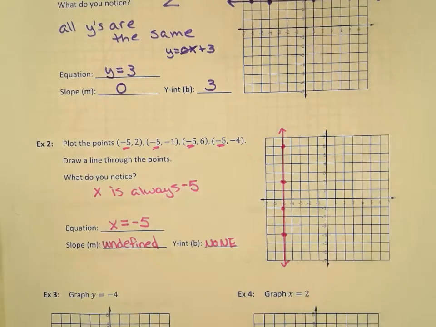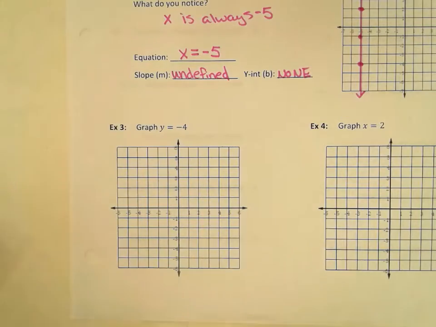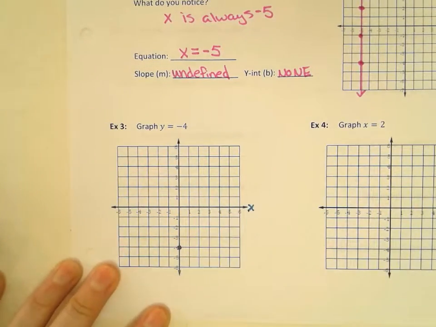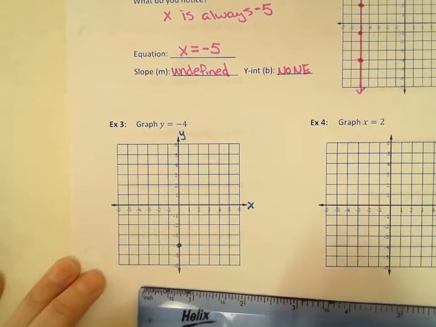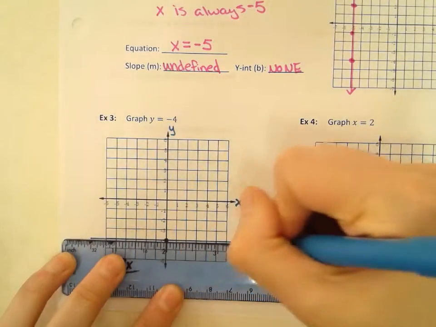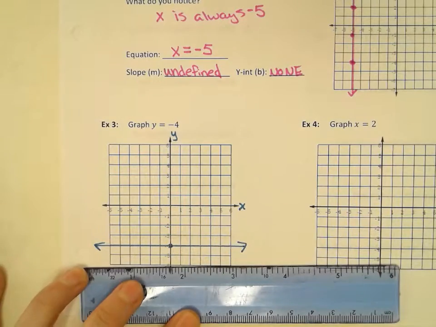So when you are graphing the equations of these lines, when you have y equals negative 4, all that means is find negative 4 on your y-axis. Remember, x is the horizontal one, y is the vertical one. It just means take a negative 4 on your y-axis and draw a horizontal line going through it. There you have y equals negative 4.